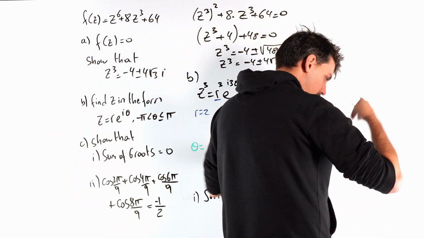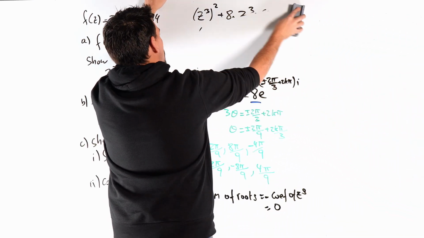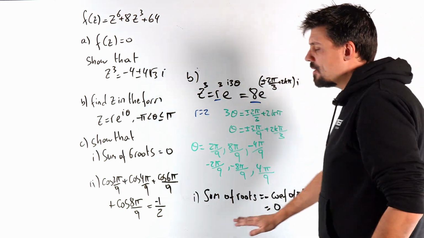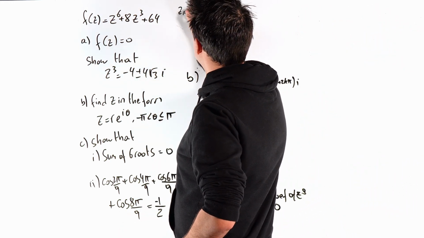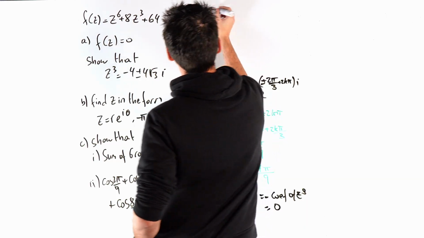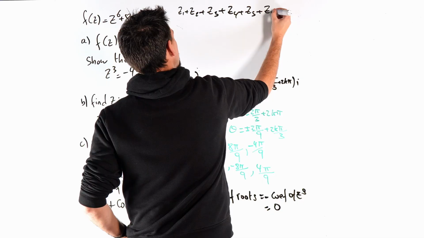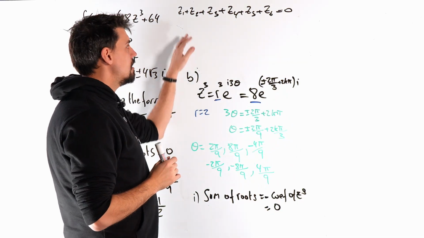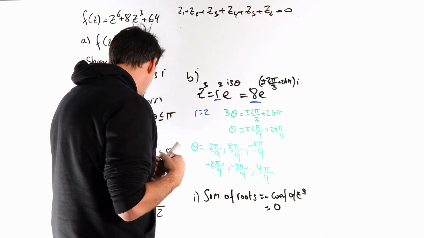Now then, if the sum of the roots is 0, z1 plus z2 plus z3 plus z4 plus z5 plus z6 is 0. The important thing to note is the sum of their real parts is 0 and the sum of their imaginary parts is 0.